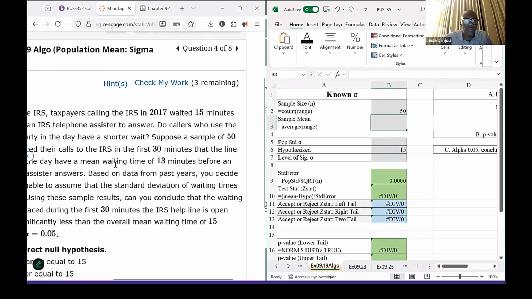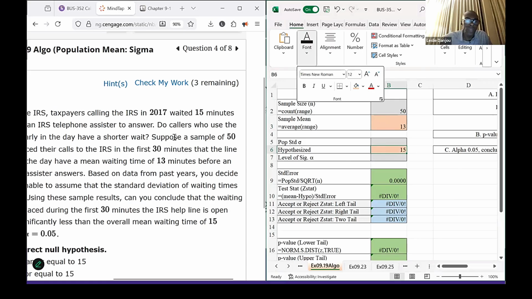A sample mean wait time of 13. And once again, I'm going to orangefy these two so you guys can know these are the two that we're testing, this guy and this guy.